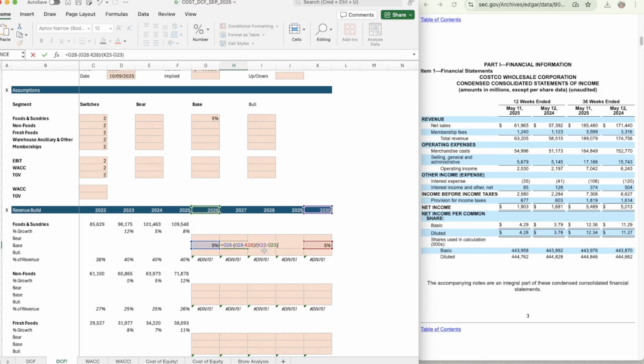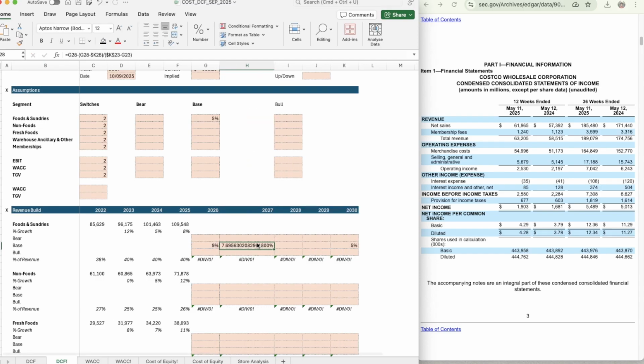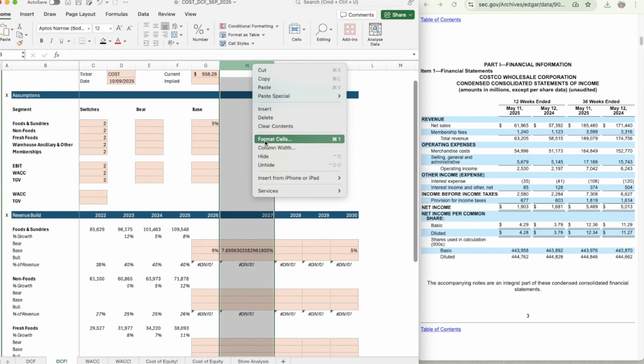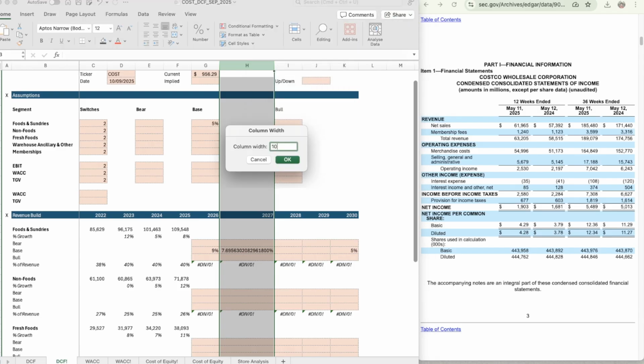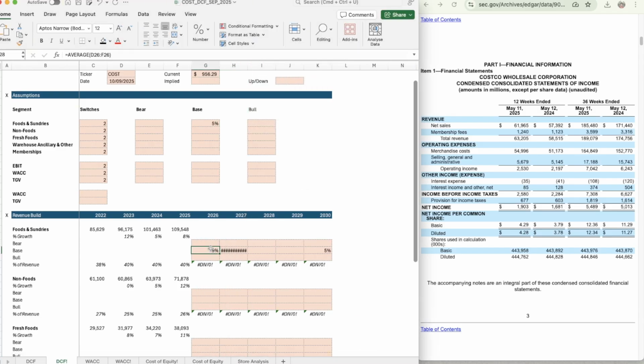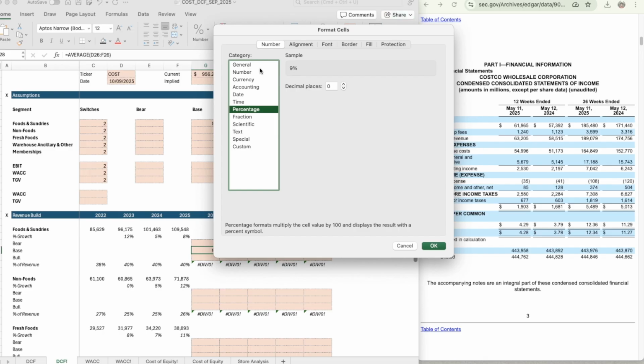And what we want to do is we want to lock this one in, K23, for both the column and the row. Then for this one, we just want to lock the row in. And yeah, the column width should always be 10. And let's just go percentage, but we'll do 2 decimal places.